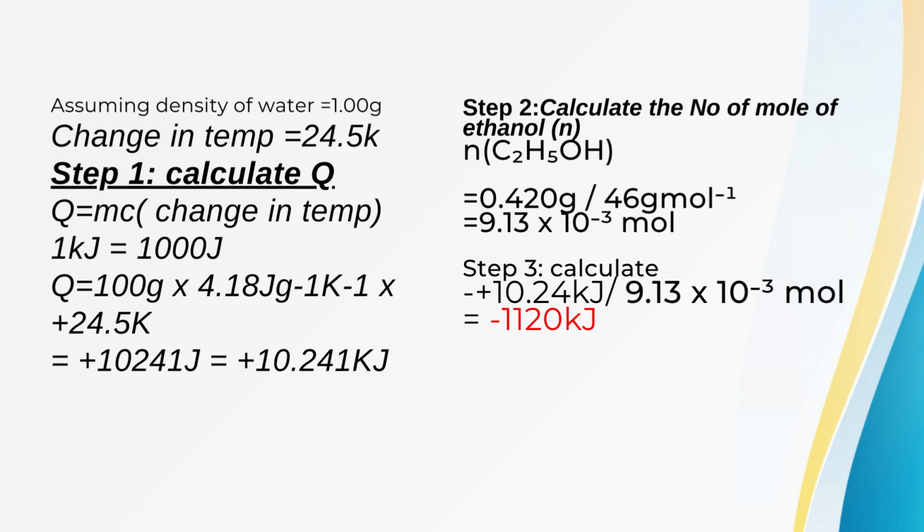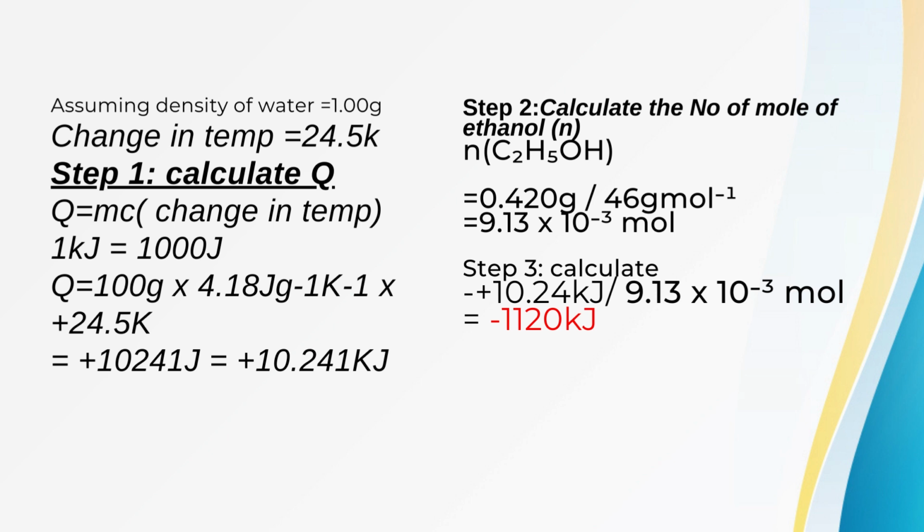The value we get will be 10,241 joules. We convert that to kilojoules, where we know that 1 kilojoule is equivalent to 1,000 joules. So we get 10.241 kilojoules.